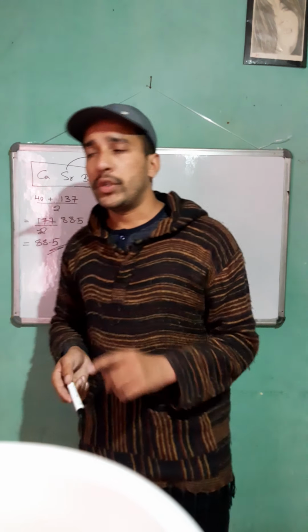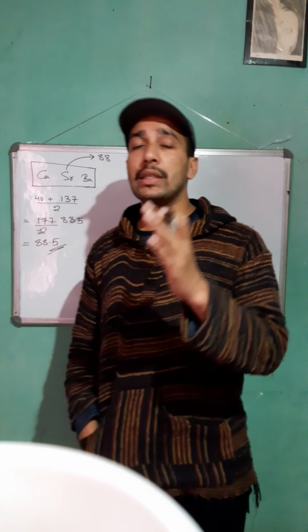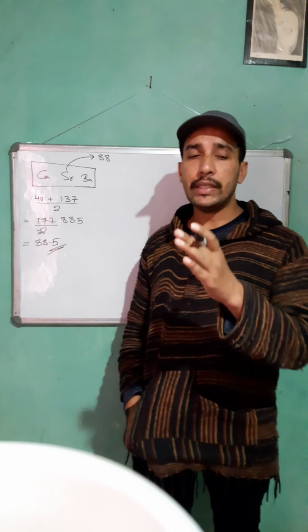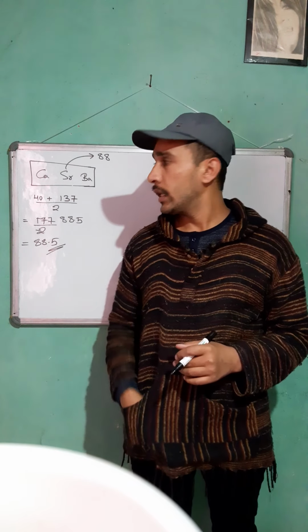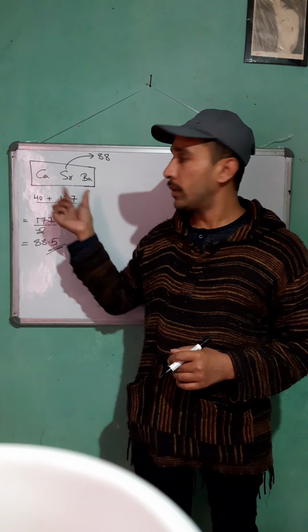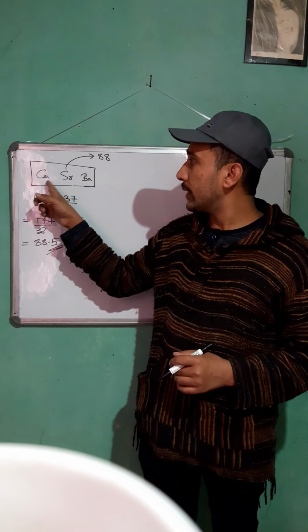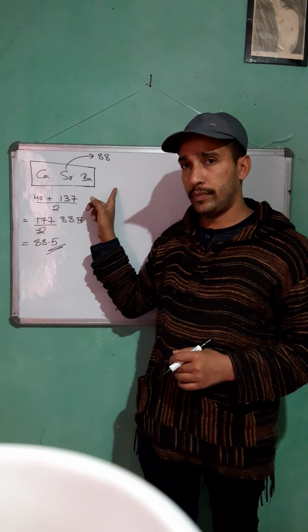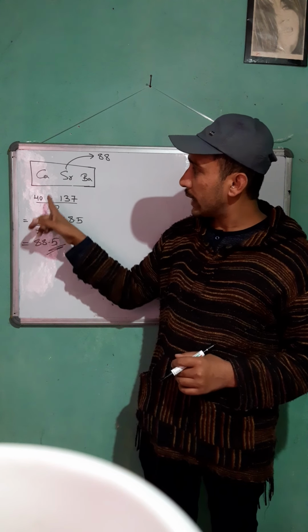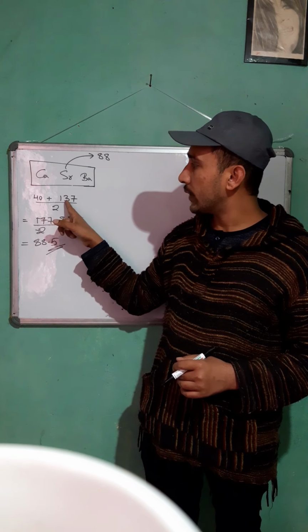Write one question: give an example of Dobereiner's triad and explain it properly. You can give any one example, for instance this one. An example of Dobereiner's triad is calcium, strontium, and barium. After that you can explain like this: the atomic mass of calcium is 40, the atomic mass of barium is 137.